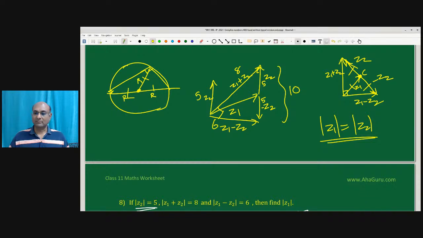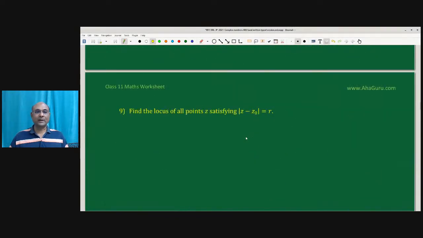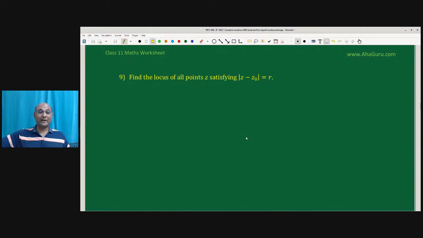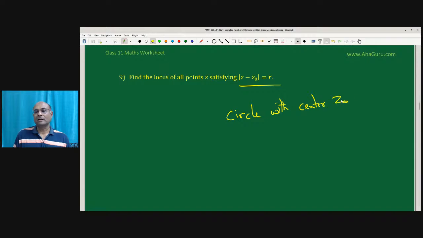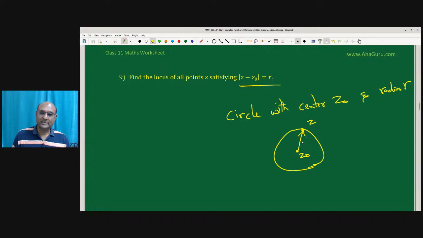Understood? Let's move on to the next one. Come on, this I have already explained. What is the locus of all points satisfying this? It is a circle with center Z0 and radius R. Right? Because this is Z0, this is Z. Z minus Z0 is this arrow. Its modulus is R. So its modulus is R basically means it can move all over here.